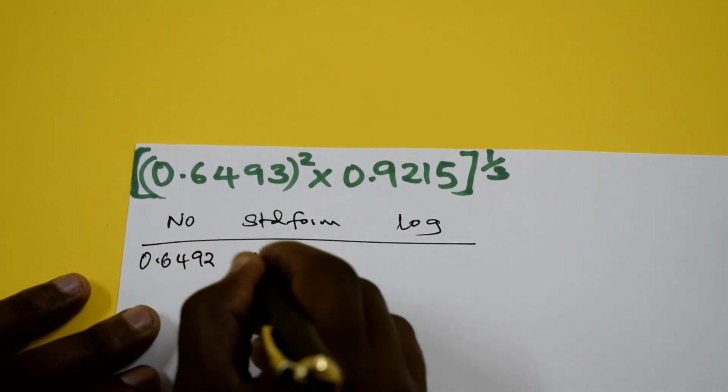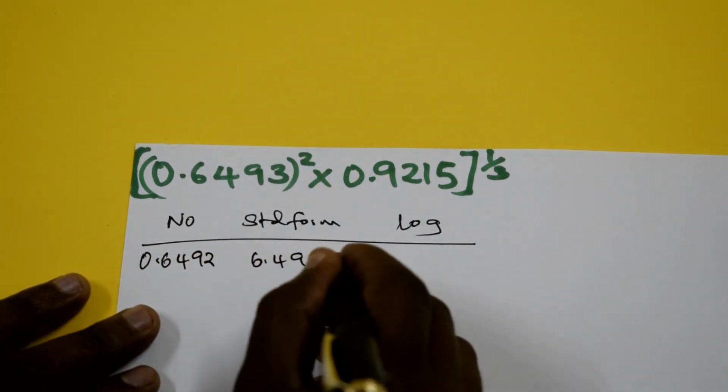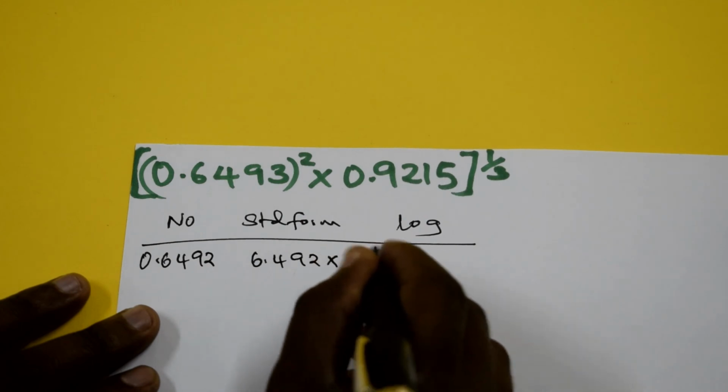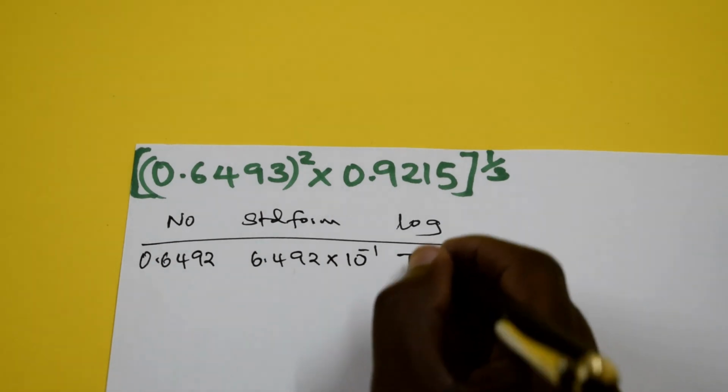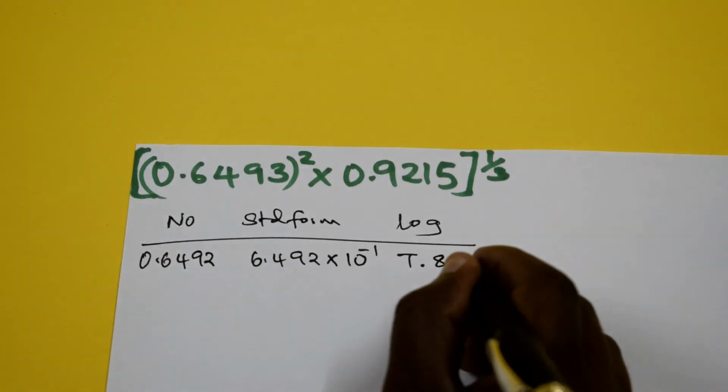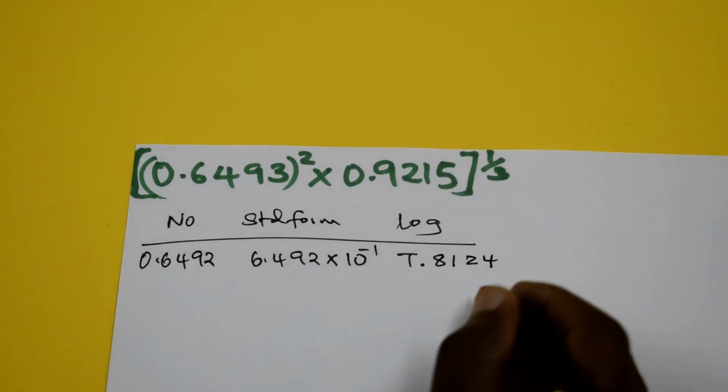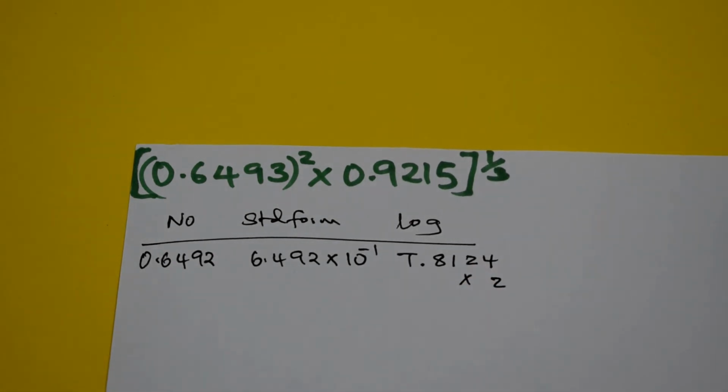So 0.6492 squared, so 6.492 times 10 power negative 1, so bar 1.8124, and this one we multiply by 2.